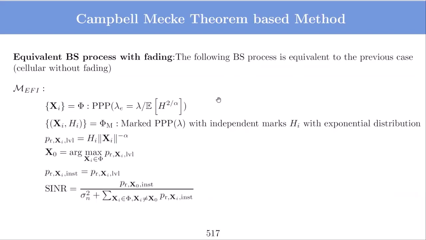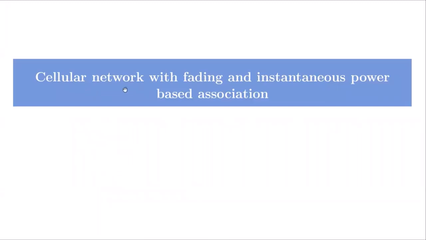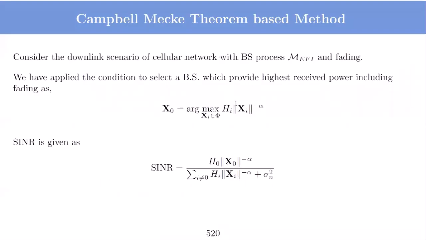Okay, so let's see how we can compute for this case. Basically what we want to do here is compute the coverage with fading and instantaneous power based association. Instantaneous power based association means you want to select the base station which gives you the highest instantaneous power.